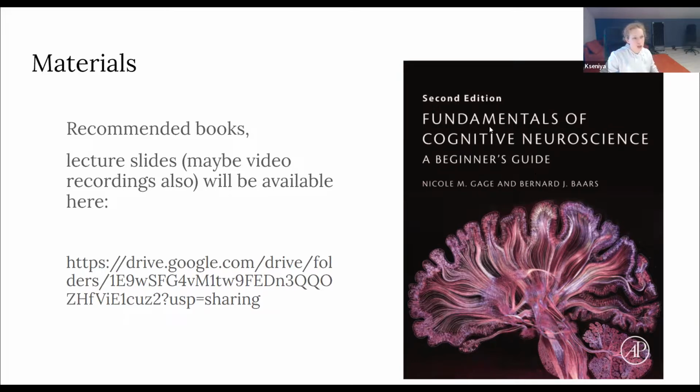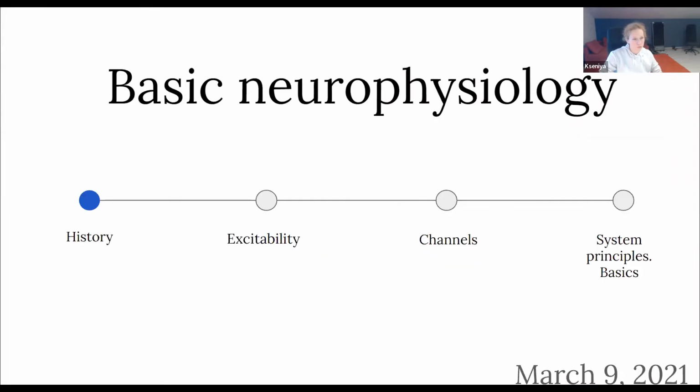This one, The Fundamentals of Cognitive Neuroscience, a Beginner's Guide, I suppose the most integral, and if you are going to read some literature, you should start with this book, and you can read some additional materials if you want in this book.